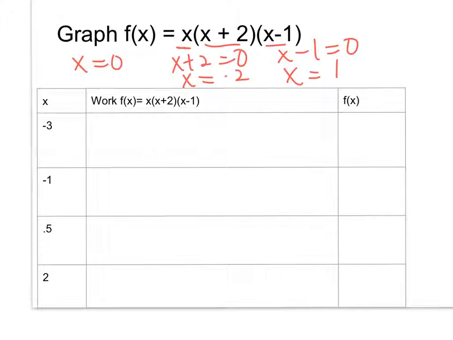And because when I looked at those x's and I took x times x and got x squared and x squared times x and got x cubed, I know that because this is a third degree equation, which is an odd degree, and it has a positive leading coefficient, my far left behavior is going to be down and my far right behavior is going to be up. So I can get what I think the general shape of this graph is going to be.